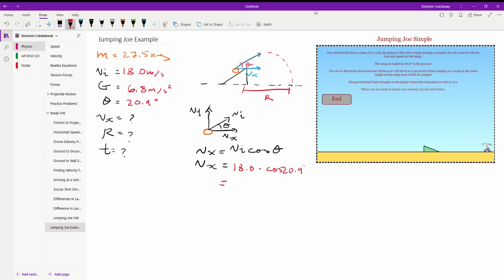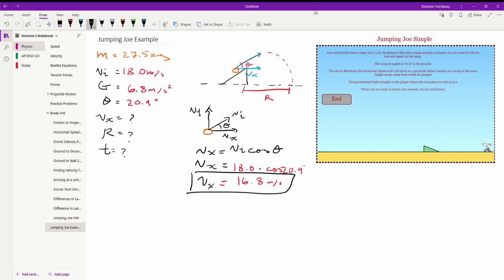And let me grab my handy dandy calculator here and ask it nicely, what is 18 times cosine of 20.9? And the calculator says 16.8 meters per second. And make sure you are in degree mode, because radians won't work with this type of problem. But nevertheless, we now have our first variable, velocity in the x.